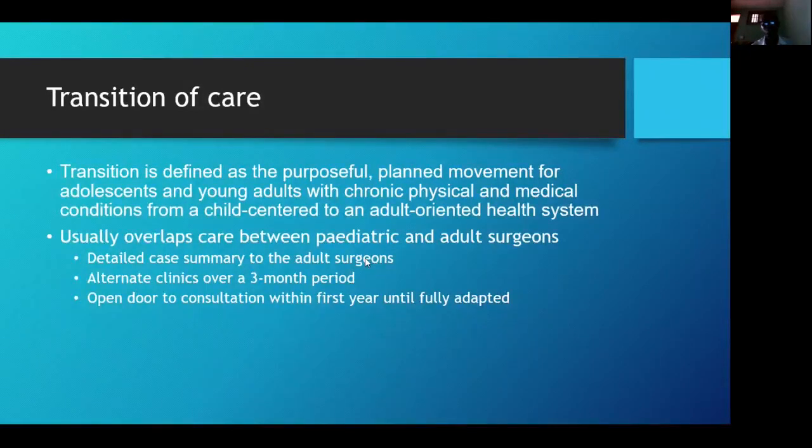For instance, also for patients with malrotation that has had the Ladd's procedure, the relative location of their intestines is different compared to the regular adults. So these are all things that indicate transition of care. What is usually done is that we overlap care between the pediatric and adult surgeons.